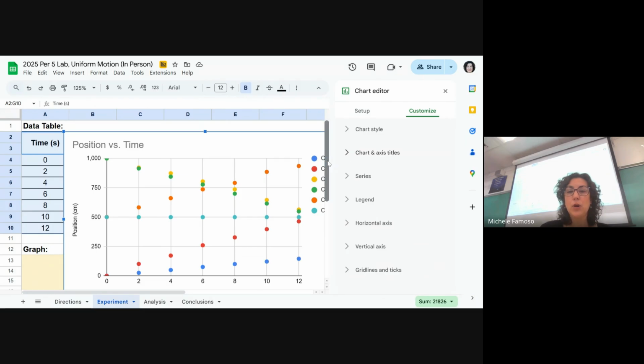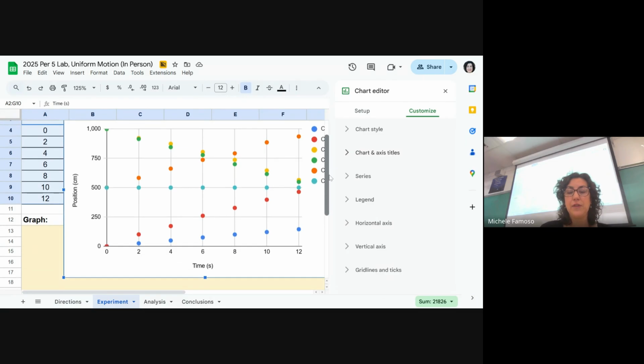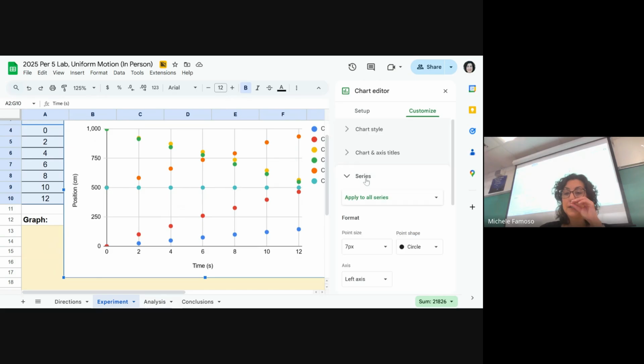The next thing we're going to do as I look at this graph is I want to double check that I have a clear 0, 0 on each axis. I do. If I didn't, I would have to add it. We're good. Do you all have a 0, 0? Okay. Now we're going to go to series. And what we're going to do is add a trend line for each set of data.